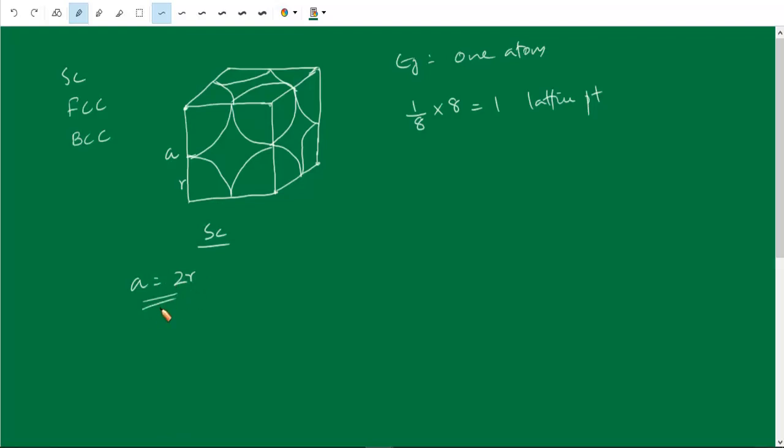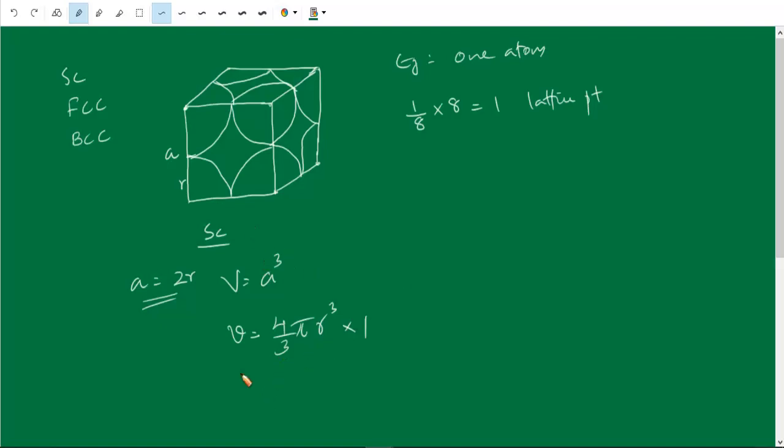From this you can find the volume of the unit cell, that is a cube. The total volume of the atoms in the unit cell is V equal to 4 by 3 pi R cube into the number of atoms. It is only one atom in the unit cell, therefore 4 by 3 pi R cube.